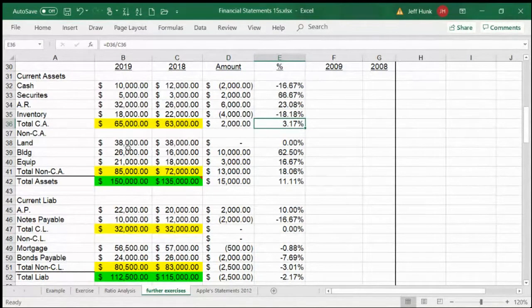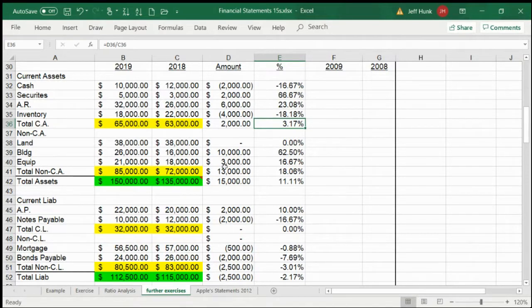Now look at the fixed assets or physical assets or real assets, right? Land, no change, okay? Building increased by $10 million or 62.5%. So the company acquired more building, which is asset. It's a good thing.